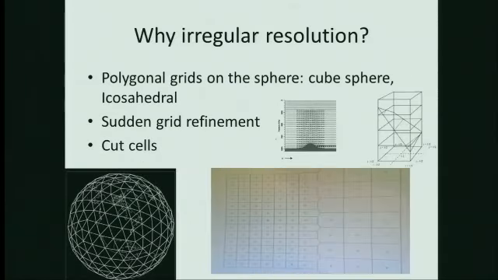So these are the grids I'm interested in. First, these triangular grids on the sphere. You have these special points. You see the triangles do not have the same size as the others, and with some methods there is a tendency at these pentagon points to make lots of noise.